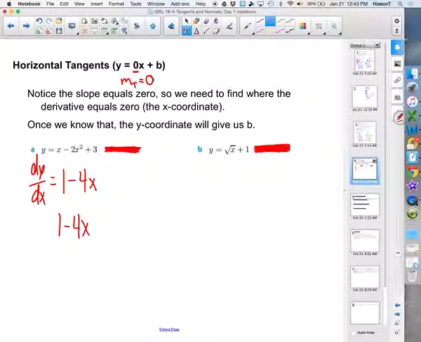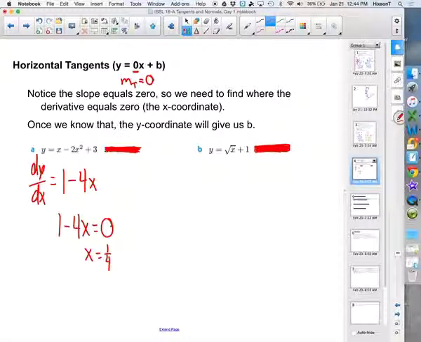Where is 1 minus 4x equal to 0? x equals 1/4. Okay? So when x is 1/4, I know that that is going to be a horizontal tangent.